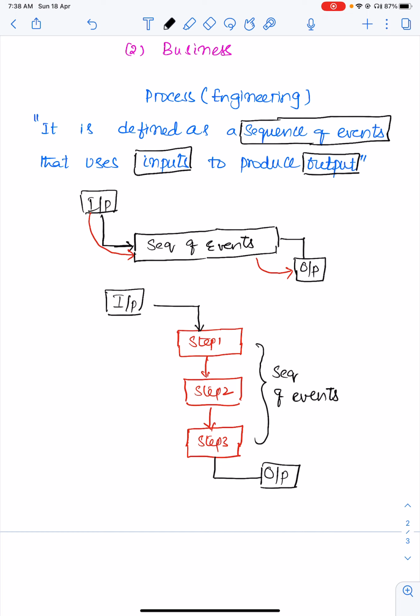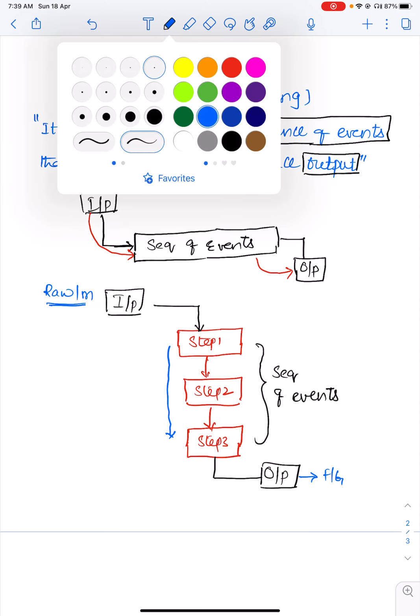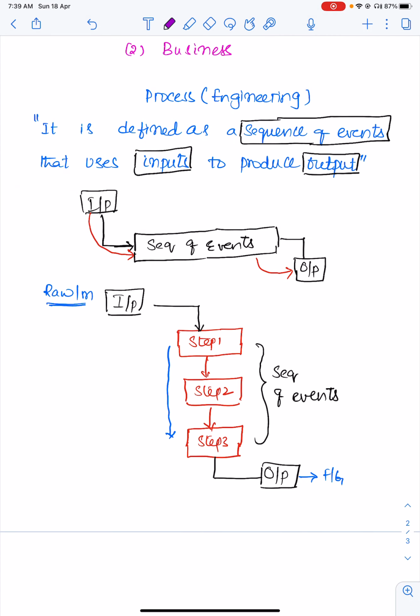For example, let us assume input is raw material. If you give raw material in a manufacturing sector, it adopts certain steps and it produces a finished good. So in a manufacturing activity, if you give raw material as an input, it adopts certain steps and it produces an output.